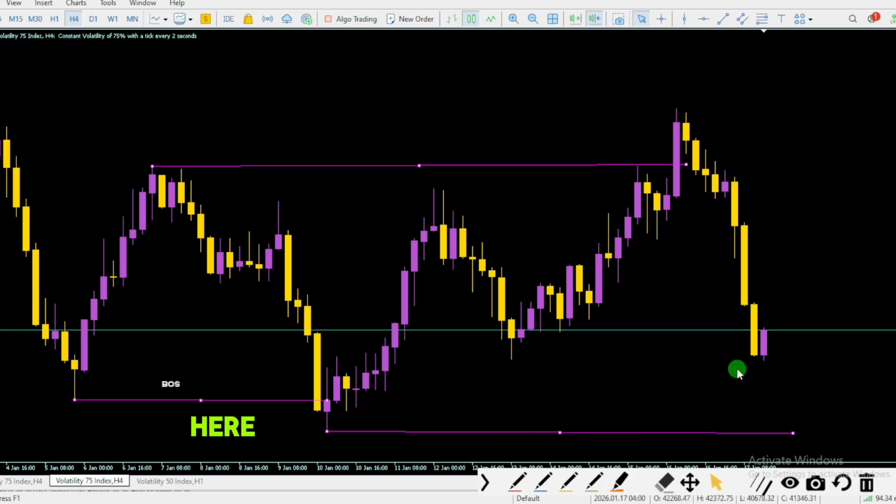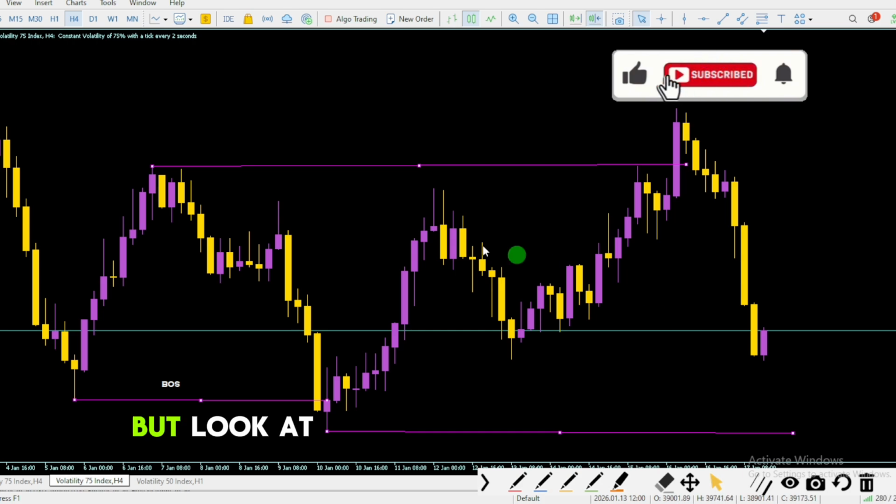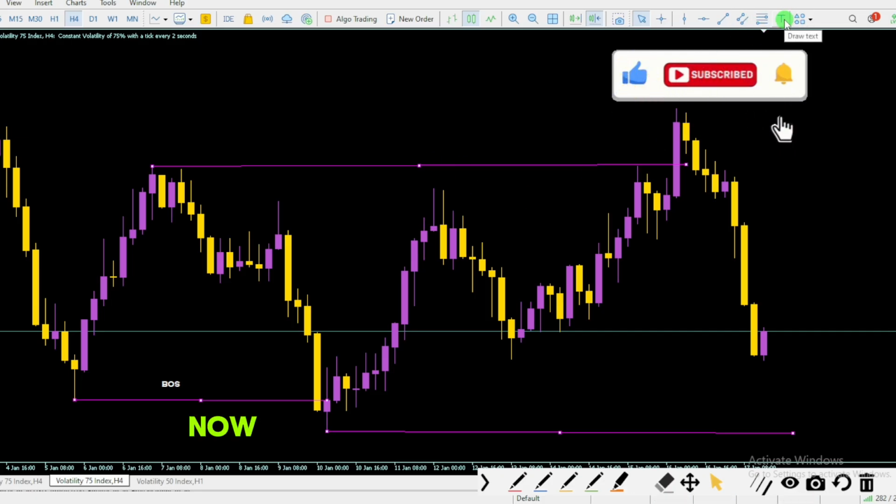This low right here. So we were expecting the market to go down. If you check my previous video, you will see my analysis of the market for that particular day. But look at what happened right here. Now the market has broken structure to the upside. So what it means is that now two things are actually involved.